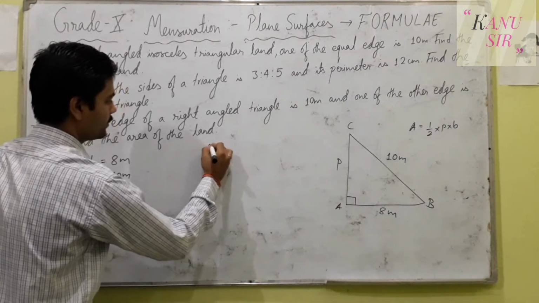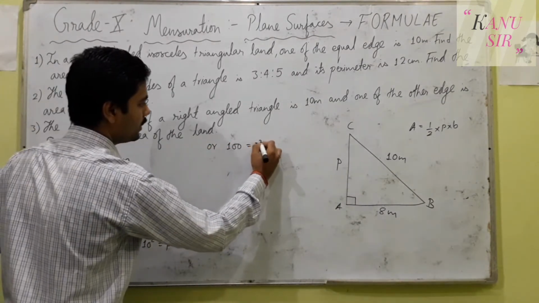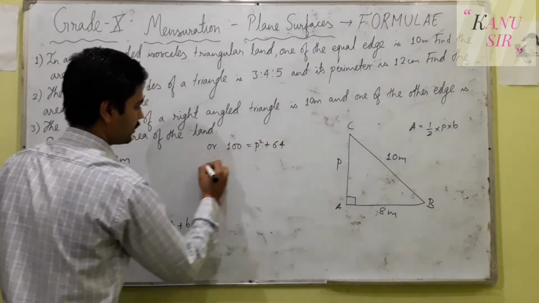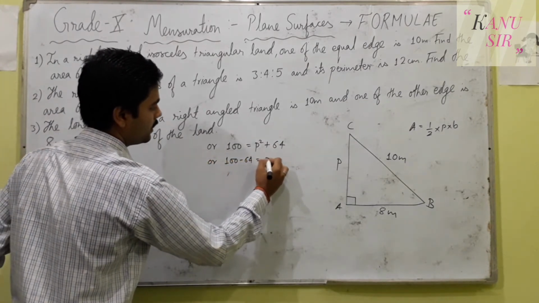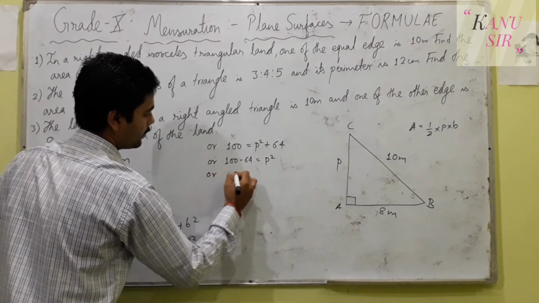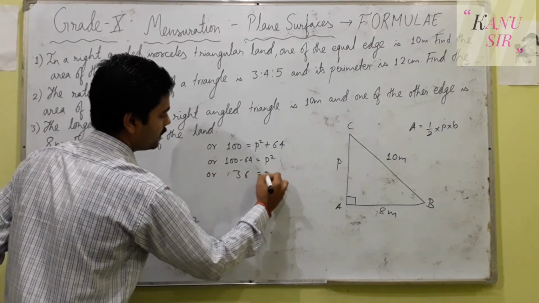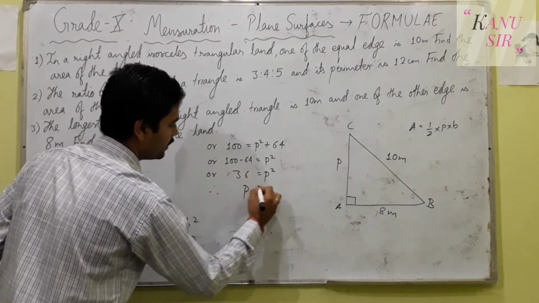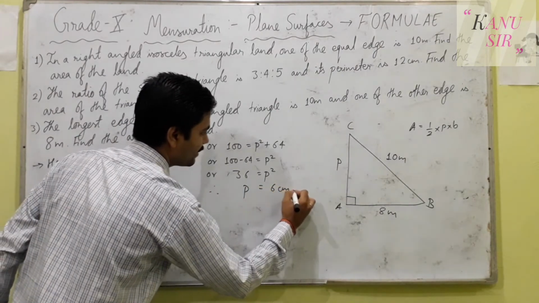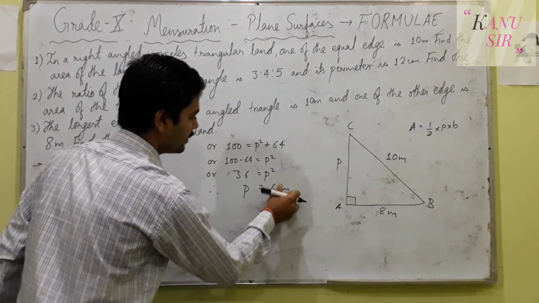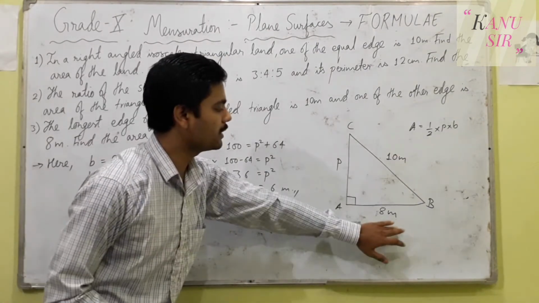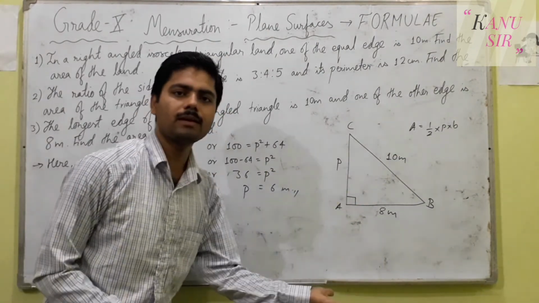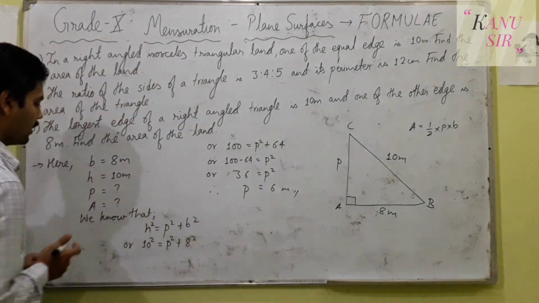You can write 100 equals P square plus 64, or 100 minus 64 gives you P square, or 36 is equal to P square, and hence the value of P becomes 6 meter. Oh, it is meter here in the question. If all the sides are given in meter, then the next side will automatically come in meter in the calculation.